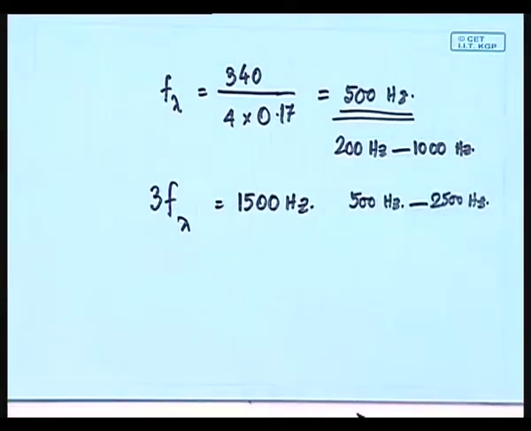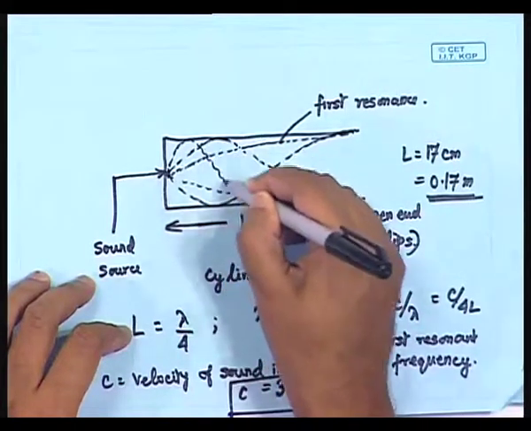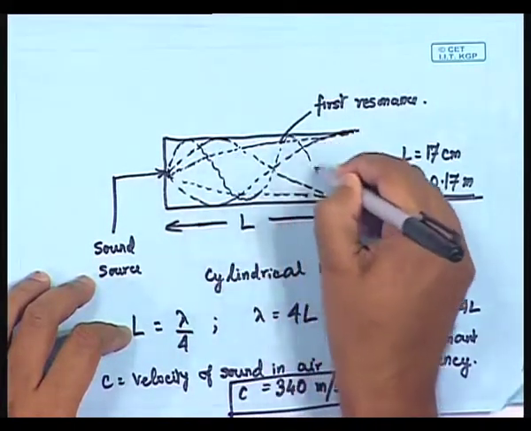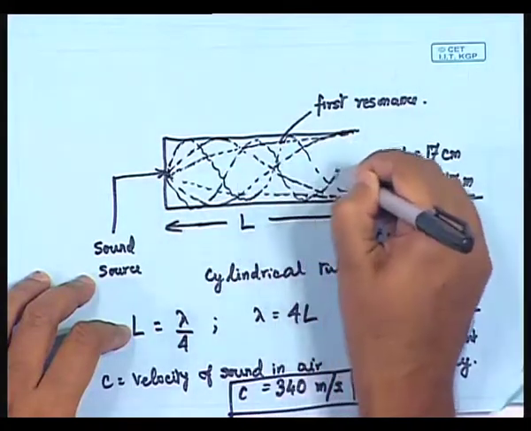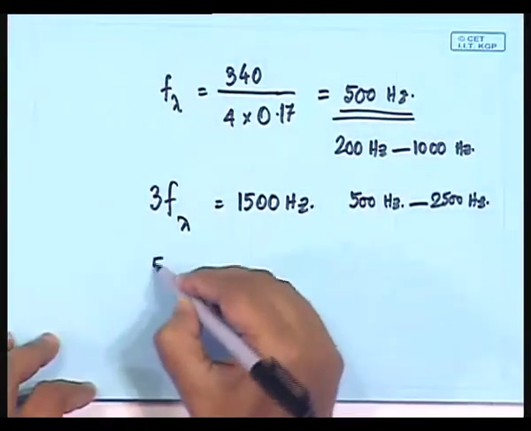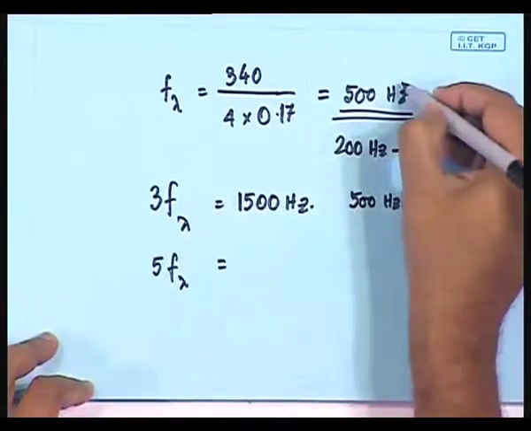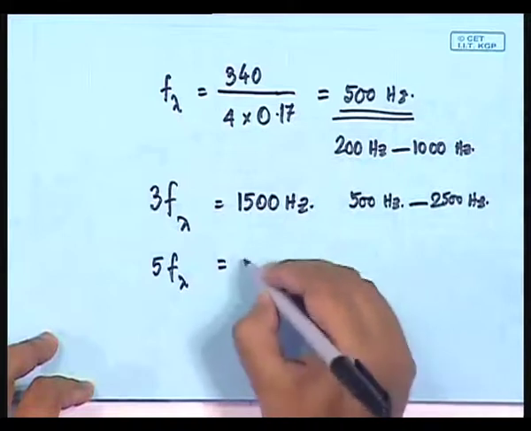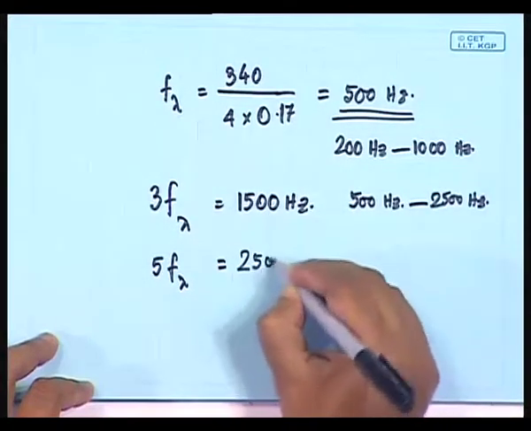The next resonant will occur at the 5th harmonic. So, there you can imagine that we will be having a distribution like this. And corresponding to that, we will be having the resonant frequency occurring at 5 of f lambda, which according to this calculation, assuming these values, is equal to 2500 hertz.